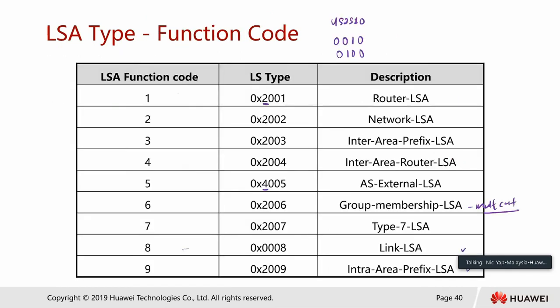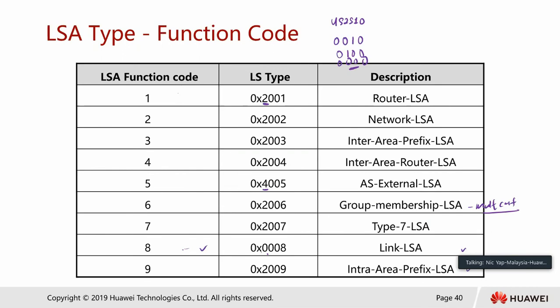And you can see on this number 8, 0, 0. 0, 0 means that it's only sent within the link-local only. I just send to you, you just send to me within the same link. That's all, that's the link LSA. Is that okay?